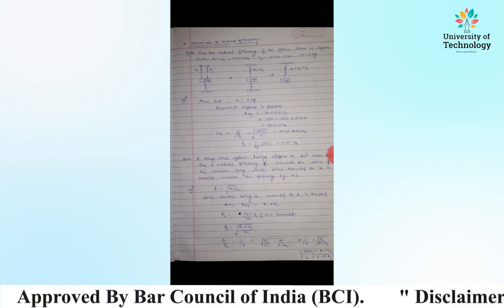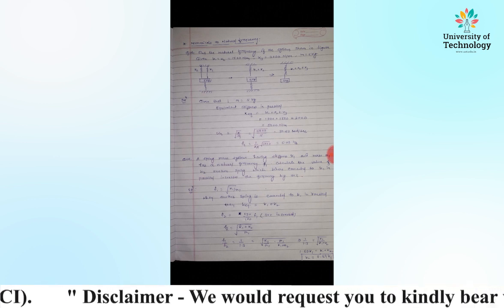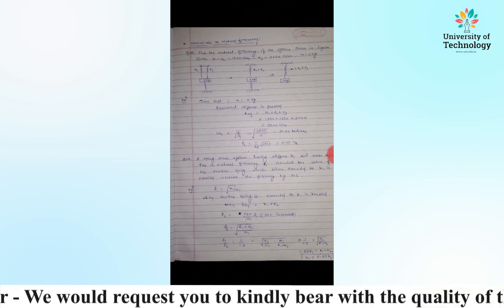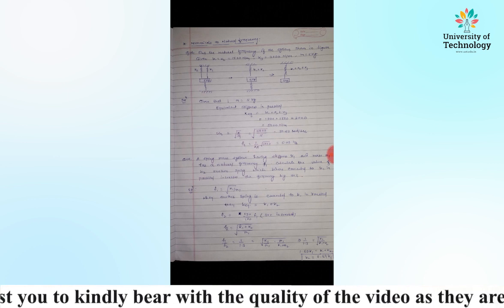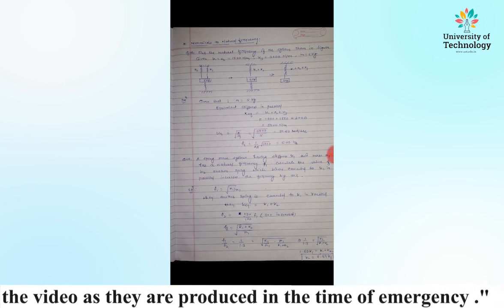K equivalent will be 5000 Newton per meter. We have given M 5 kg and net K equivalent is 5000 Newton per meter.